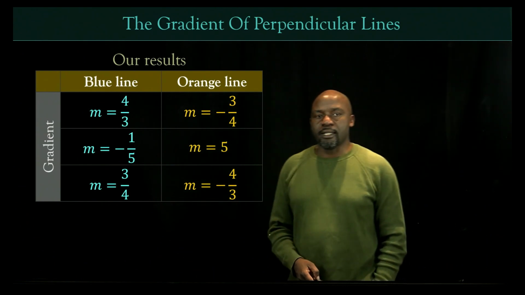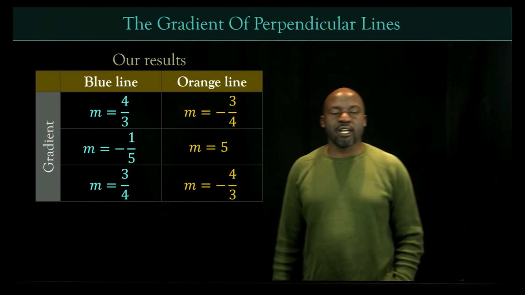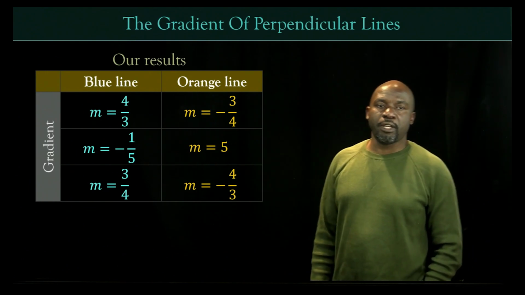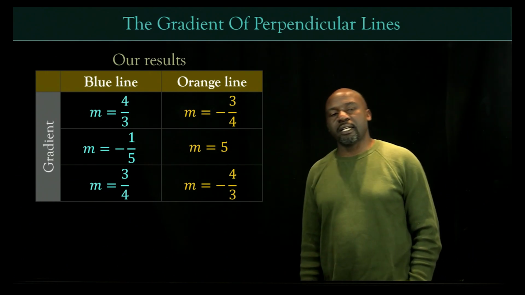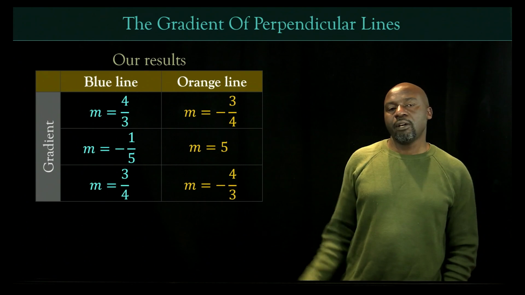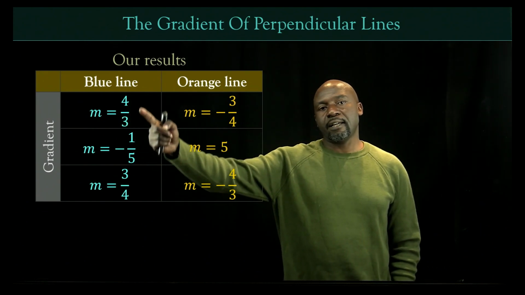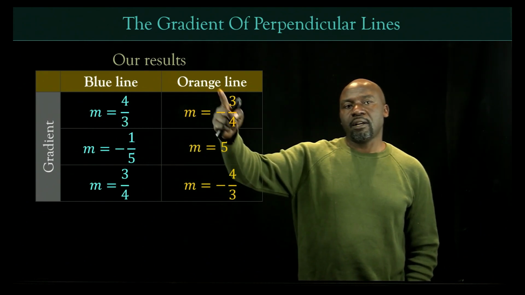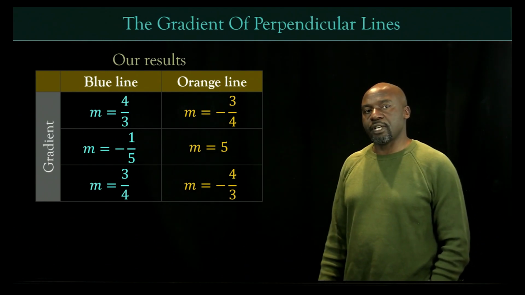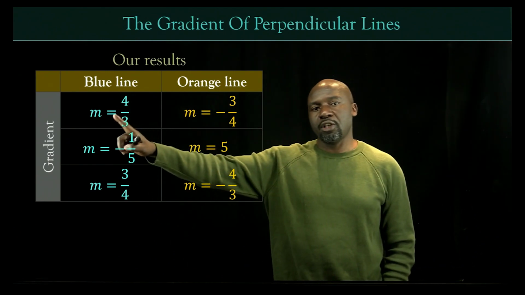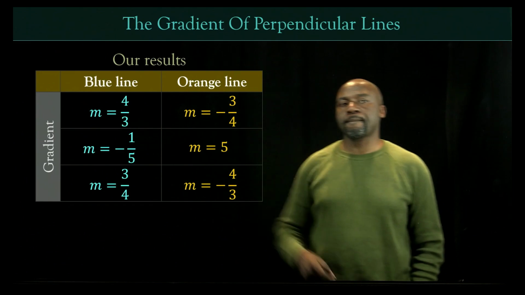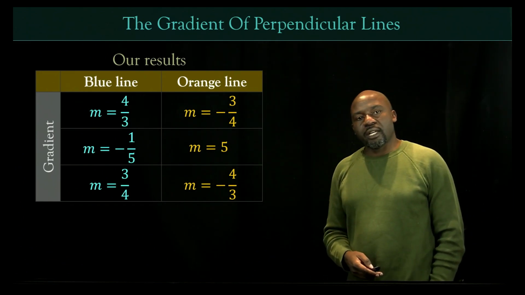Looking at the pattern, you should be observing a pattern. Please pause the video and think of a pattern that is evident. What do you notice about the gradient of that line, and the gradient of the line that is perpendicular to it? Is there a relationship between these two gradients? Pause the video and think about it.